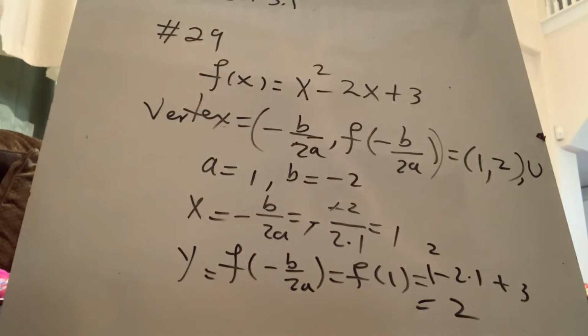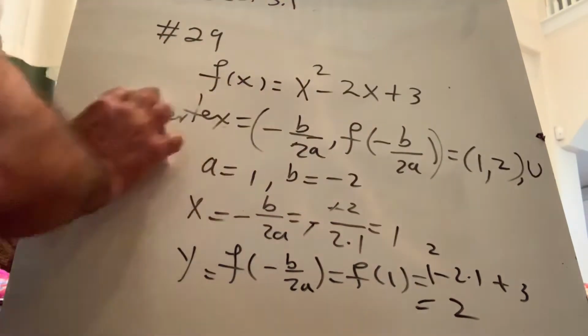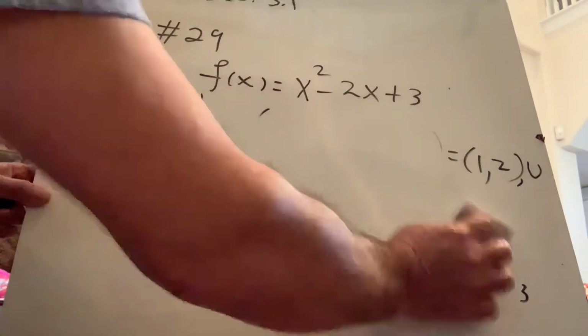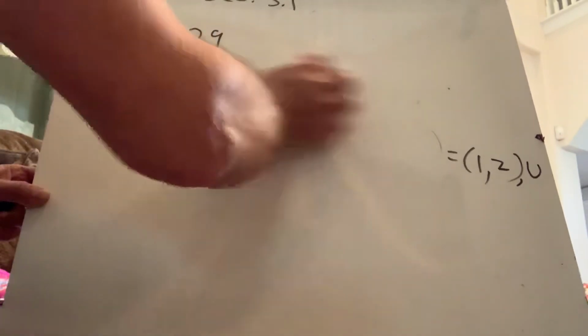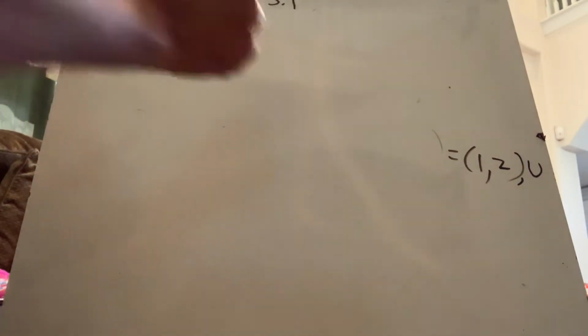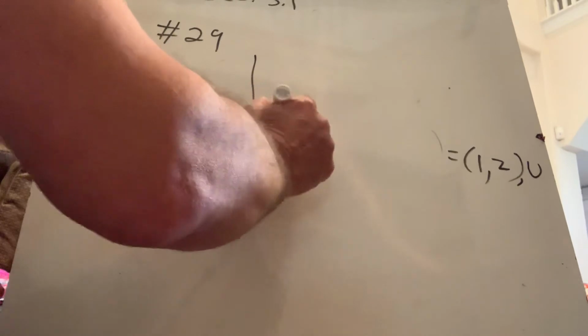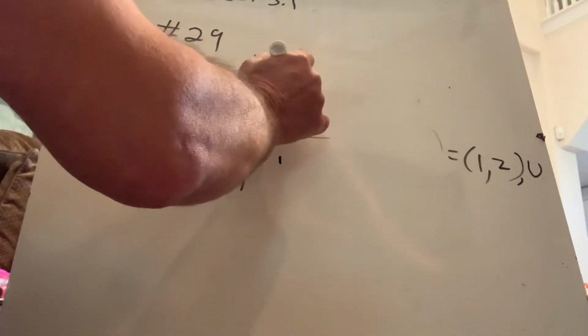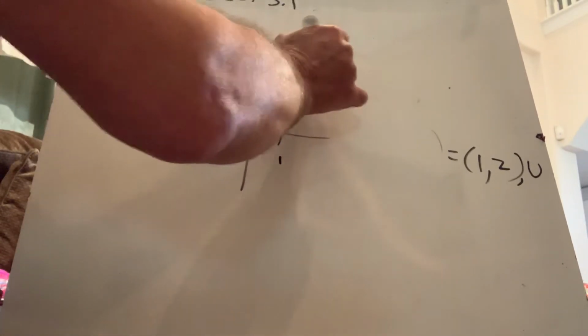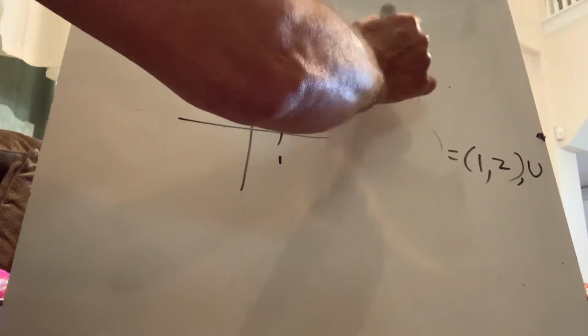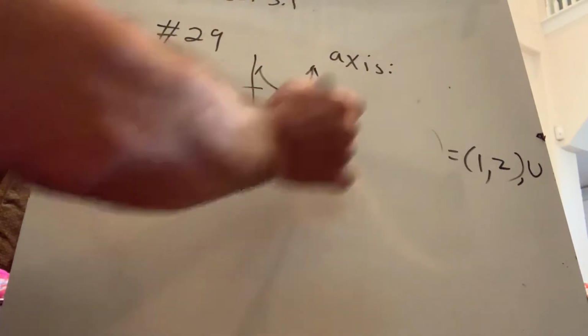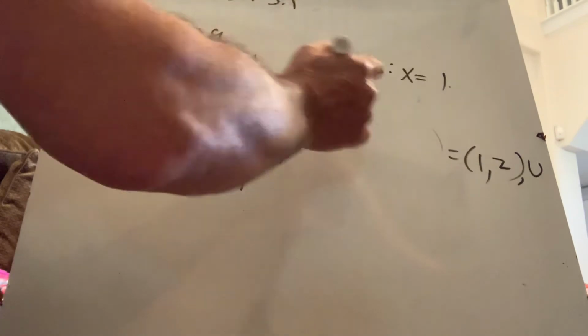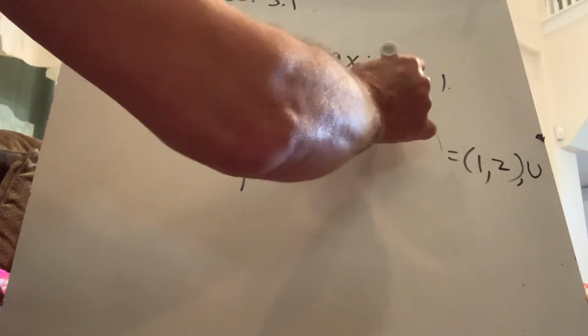Let me go ahead and graph it, and then I'll answer the rest of the questions. I just need the vertex and how it opens. So again, the vertex is at (1, 2) and it opens upward. So your axis is, in this case, the vertical line that goes through 1, so x equals 1. The domain is again all real numbers.